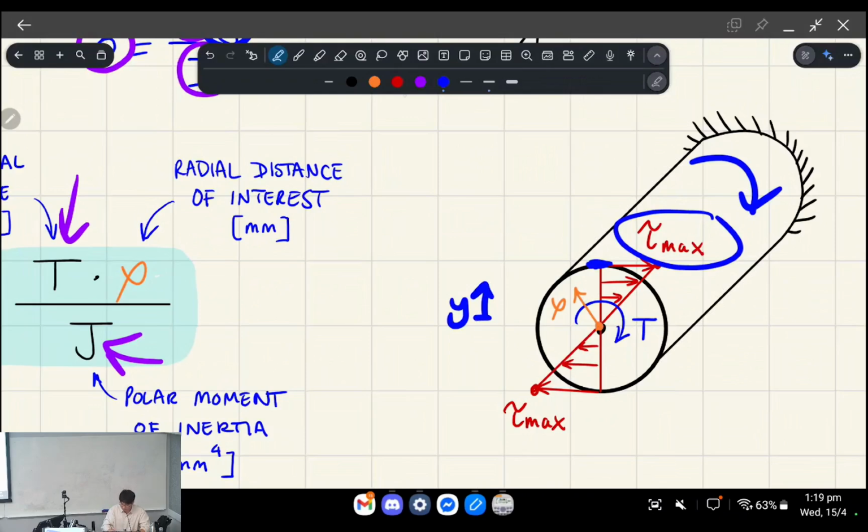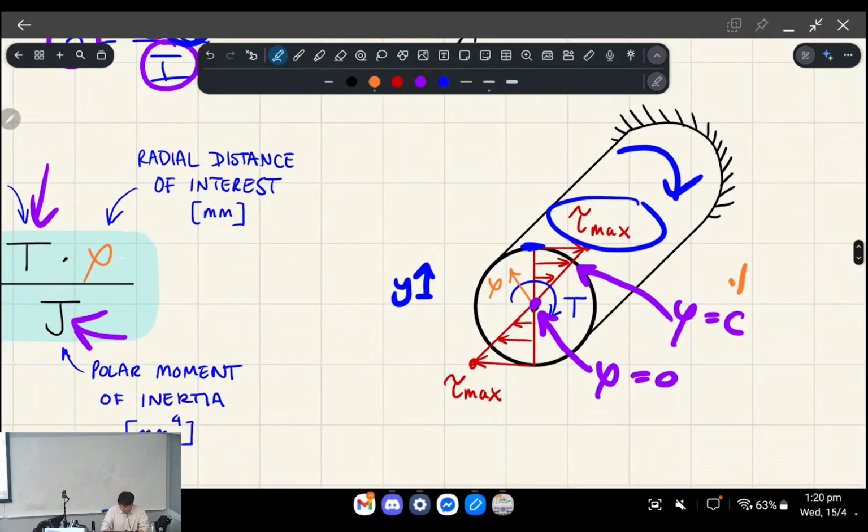So at rho equals 0, that's where you don't have any shear stress. But at the outer edge, rho is equal to c. So what's c? C is the same thing as the outer radius, but in this particular topic, we call it c as the max radius. That's just a notation thing.